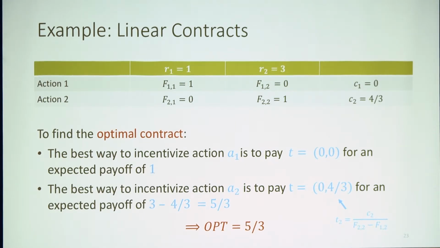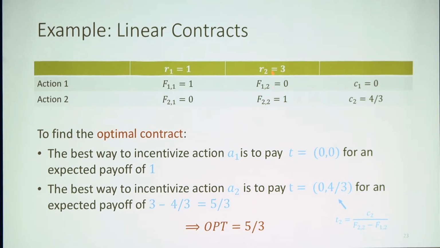We also saw in the first half of the talk how to find the optimal contract here, right? There are 2 actions, so we can apply what Inbal showed you. First, we could just incentivize, of course, the first action. It's not costly, so we could just pay 0. We'd get the full reward, which is 1. On the other hand, we could try to incentivize the costly action. How would we do this? We would look at the outcome or reward with the minimum likelihood ratio, and then the payment formula.